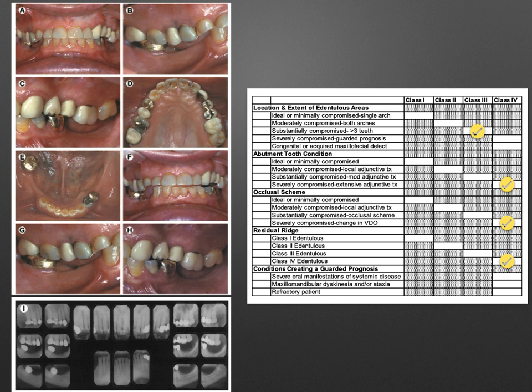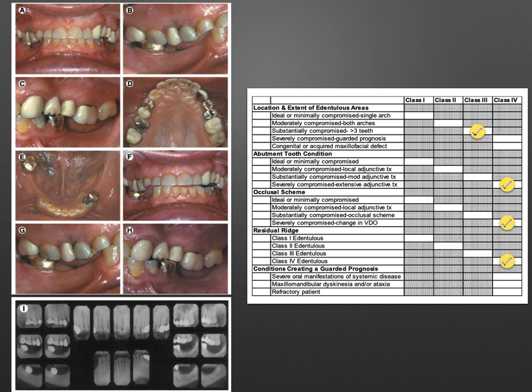And remember I said, any case that needs to change the vertical dimension will directly be considered a class 4, the worst scenario. And if we look at the residual ridge on the lower right hand side, you can see that it's pretty flat and also does not have enough height to retain any restorations.